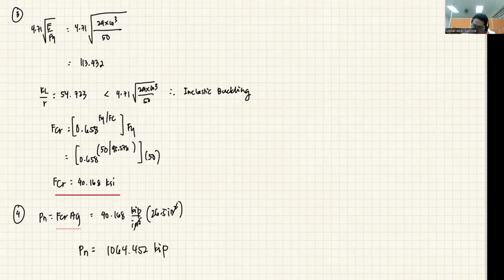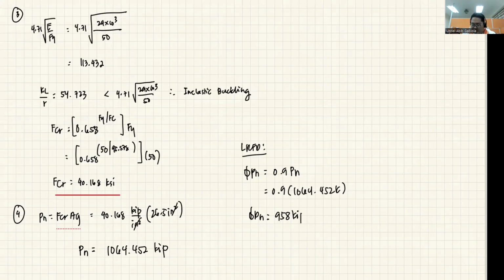So, kung ang pinapahanap is halimbawa LRFD, so phi Pn tayo. So, that is 0.9 ng Pn. So, this is 0.9 times 1,064.452 kip. So phi Pn, that is 958 kips. So actually may decimal pa, no? 958.01 kip. Okay? And then for ASD, that is Pn over omega.